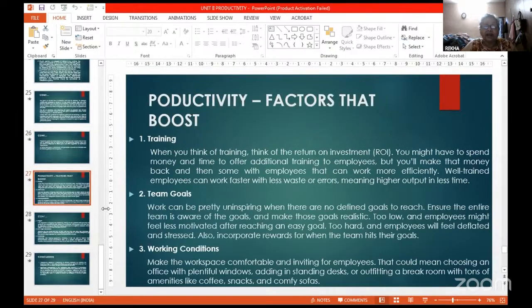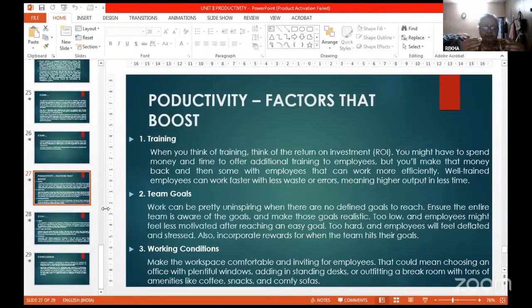So, what are the factors that boost productivity? First is training. Naturally, if proper education and training is not given to the workers who are handling that process, you cannot expect productivity to rise or the quality to be maintained.